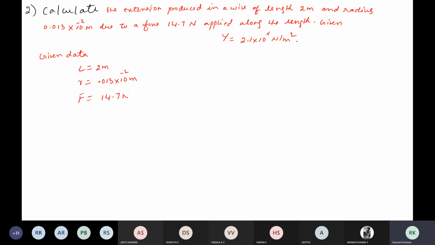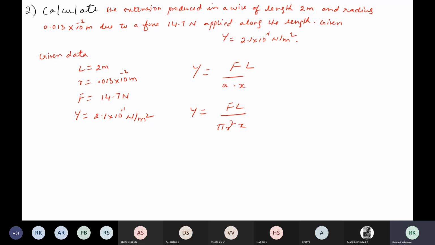Young's modulus is given, 2.1 into 10 power 11 Newton per meter square. So let us use a formula. Young's modulus is defined as force per unit area over change in length to original length, or Y equals F L by pi r square x. You have to remember, the area of cross section of the wire is pi r square.